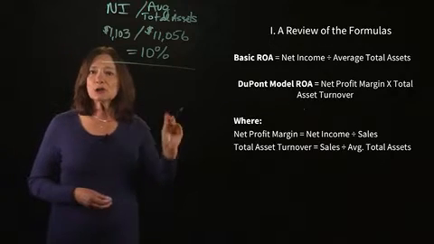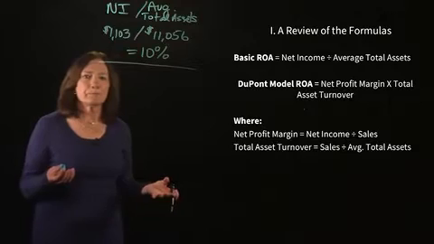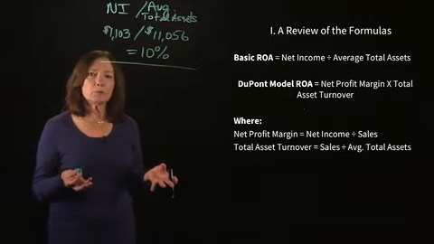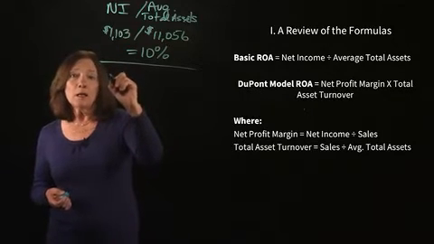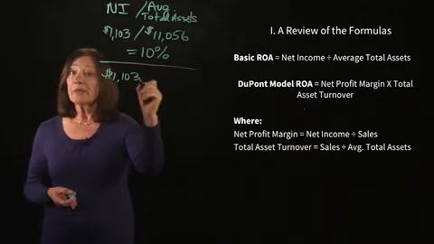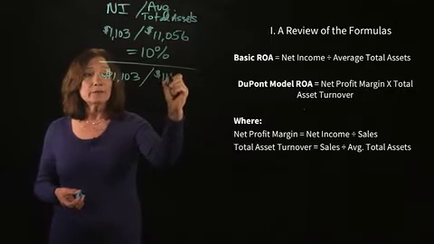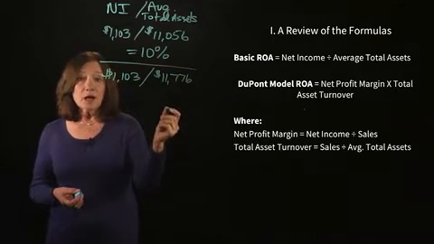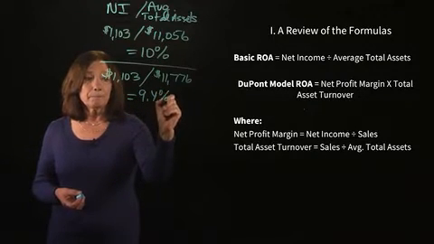Now, let's take a look at the DuPont model and break that down into two pieces. The first thing we're going to do is look at our net profit margin. So we're going to take our net income of 1,103 and divide it by sales of 11,776. This gives us 9.4%.